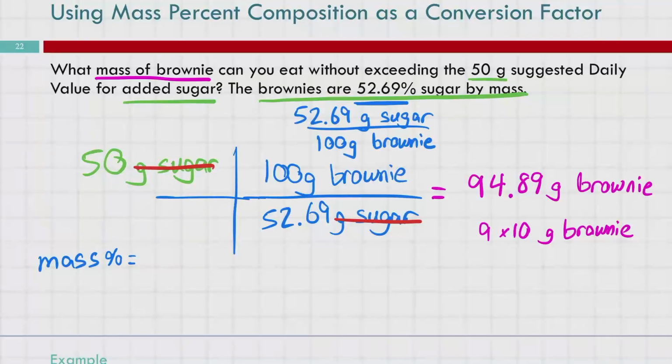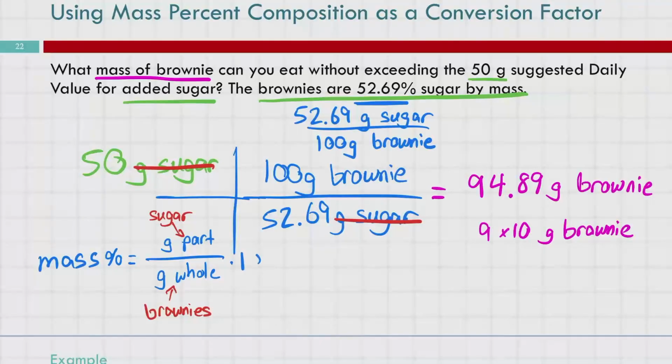So mass percent equals grams of the part, in this case that's sugar, over grams of the whole thing, in this case that's going to be the brownie, or brownies, times 100%.